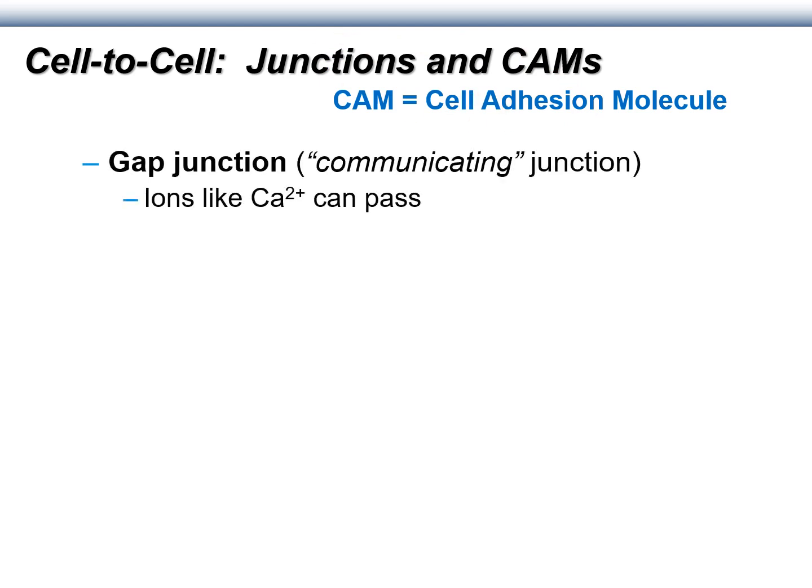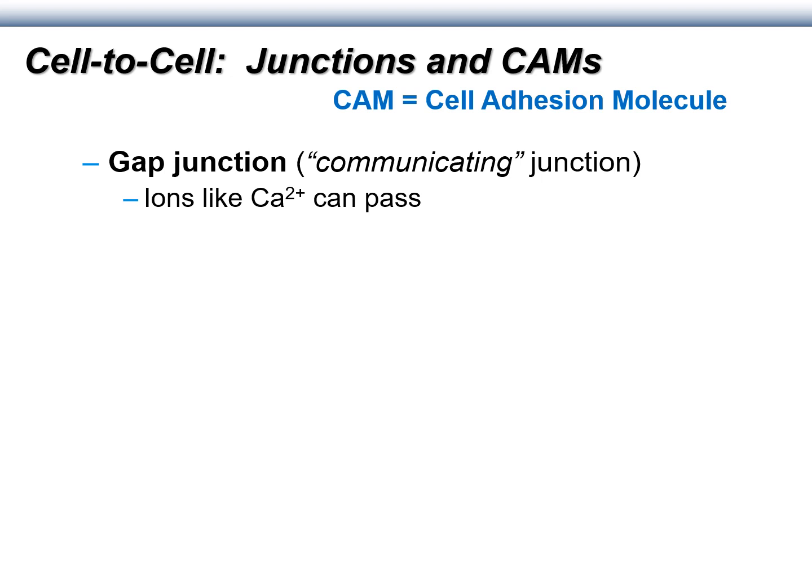So let's go through some representative ones and a few, because we're going to see these in tissue, particularly in cardiac tissue. We have what's called a communicating junction, or better known as a gap junction. And this is basically a double channel. What I mean by double channel is that most channels in our plasma membranes are a single pass across a single membrane.